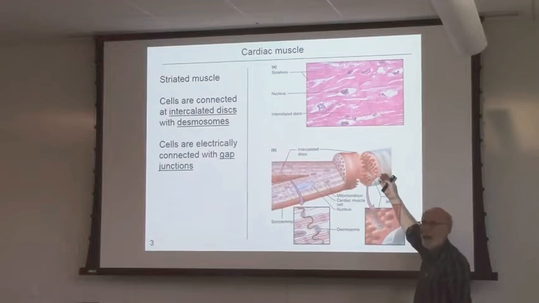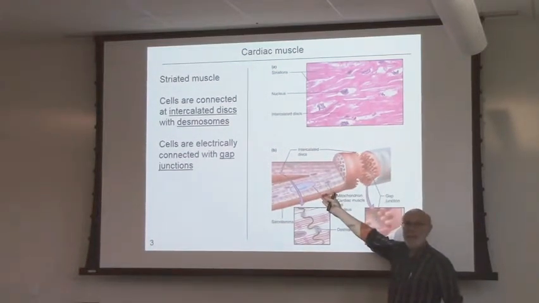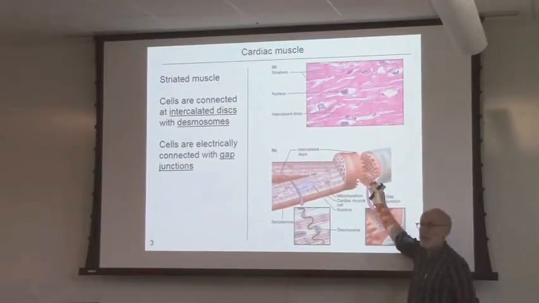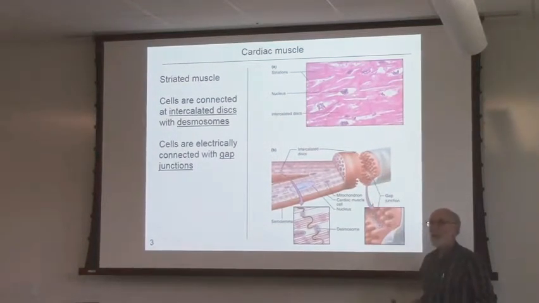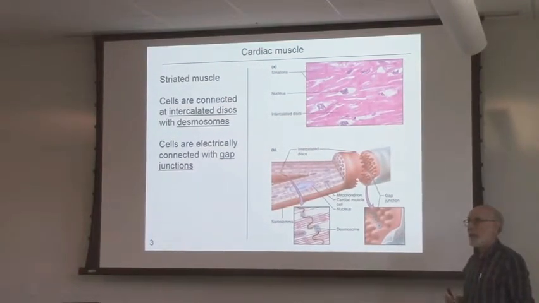So if one cell fires an action potential, depolarizes, undergoes all kinds of changes, the next cell gets the signal through these electrical connections. So that is a dissimilarity from skeletal muscle.